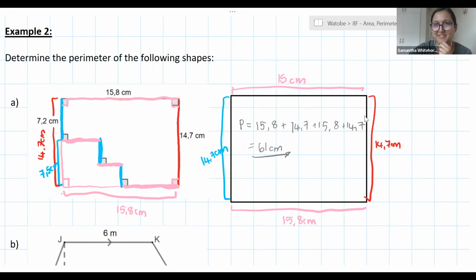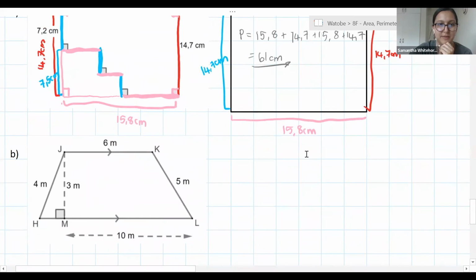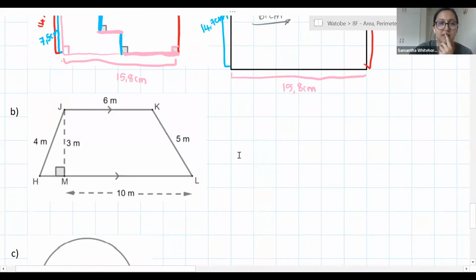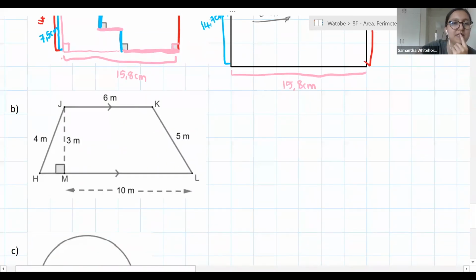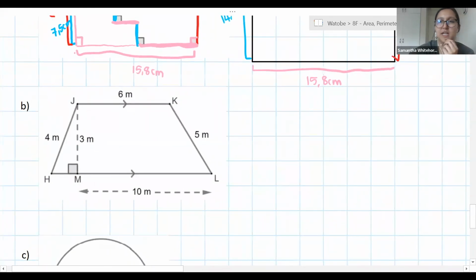Hey, my peps. Okay, guys, let's have a look at the next one. Before we attempt this, can anyone tell me what sort of shape I've got here in question B? Let's see if we remember our quadrilaterals. Claire, what is it?